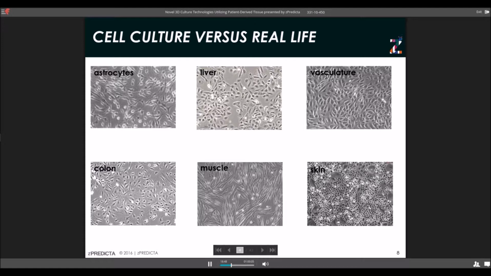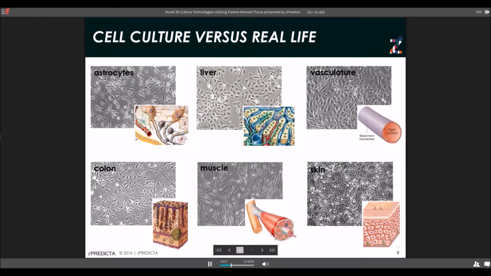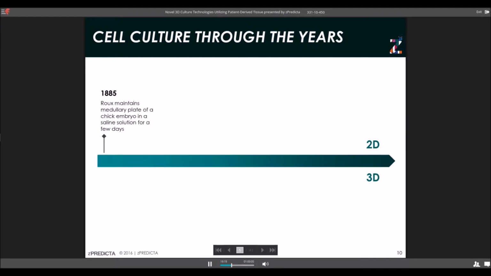If you're looking at astrocytes from the brain or liver cells or cells from the vasculature, muscles, colon, skin, they look slightly different in these conventional cultures, but overall, they're still flat cells, which looks very different from their respective tissues. All of the tissues are three-dimensional, all of the tissues have structure to them, have multicellularity to them, which is really not recapitulated by a 2D culture.